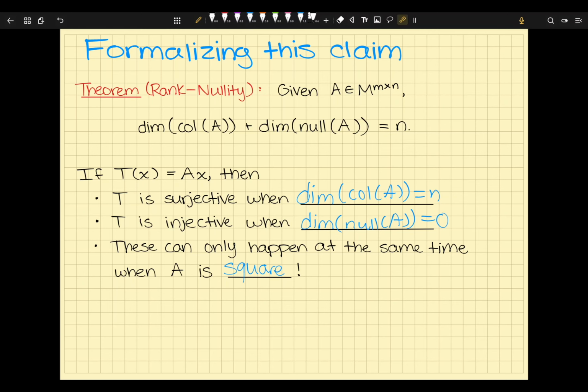Because, let's see, when A is square, it can happen that the dimension of the column space is n, and necessarily then the dimension of the null space must be 0. They sum to n.